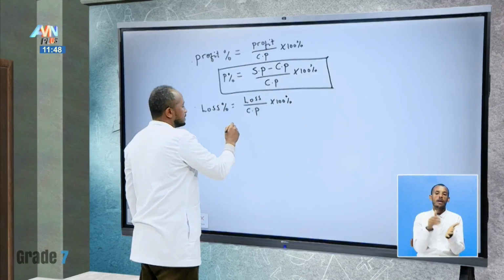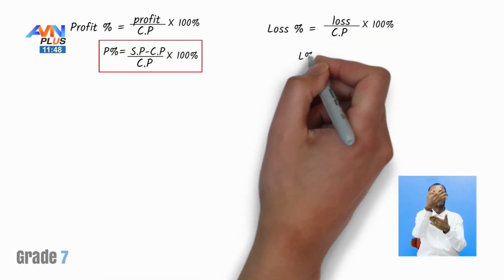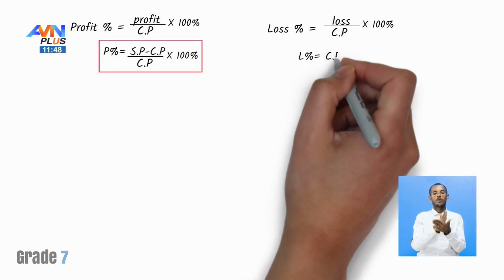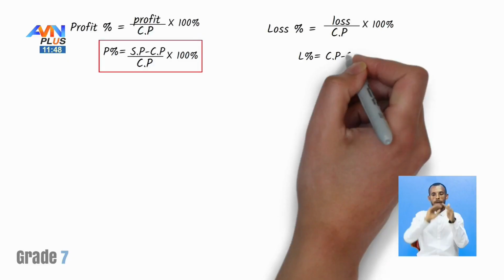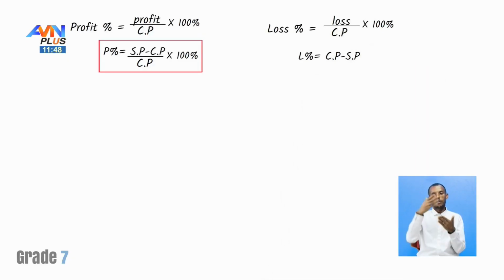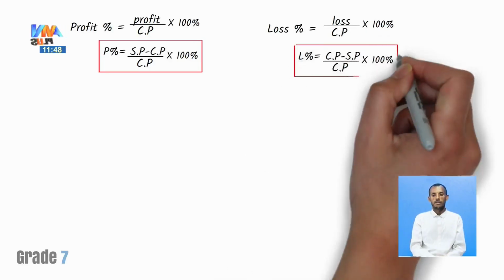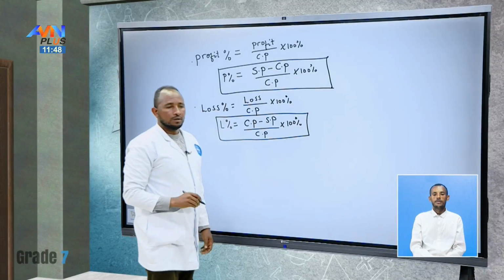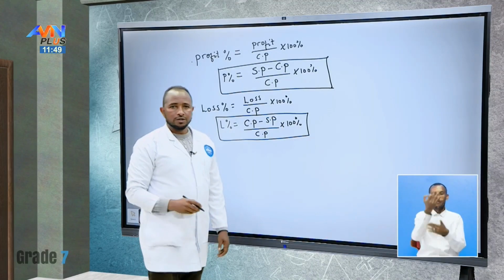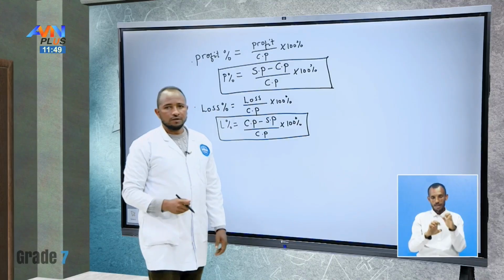We can rewrite this as cost price minus selling price, divided by cost price, times 100% to convert it into percent. This is the equation for calculating loss percent. Now, let's apply these two formulas in evaluating loss percent and profit percent.